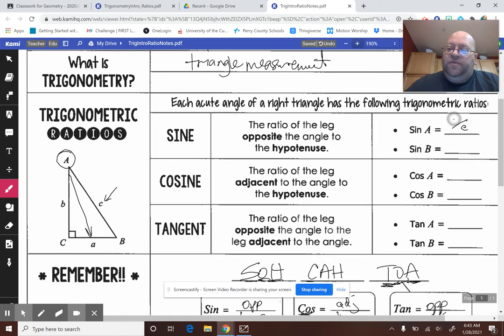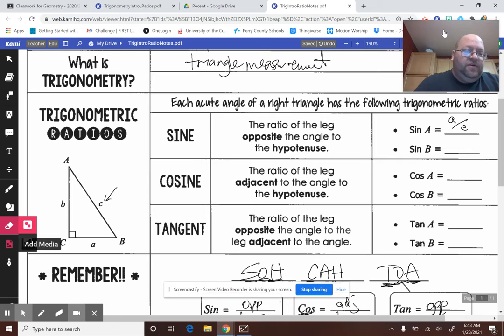And so what we would write here is A over C. If I'm looking for sine of A, it is opposite over hypotenuse. So let's practice again with B. I'm going to go ahead and erase this part so that we don't get confused.